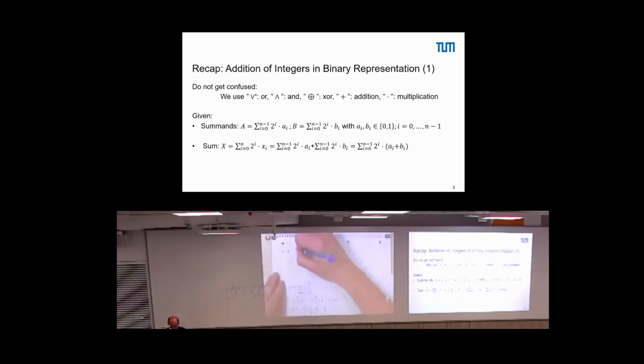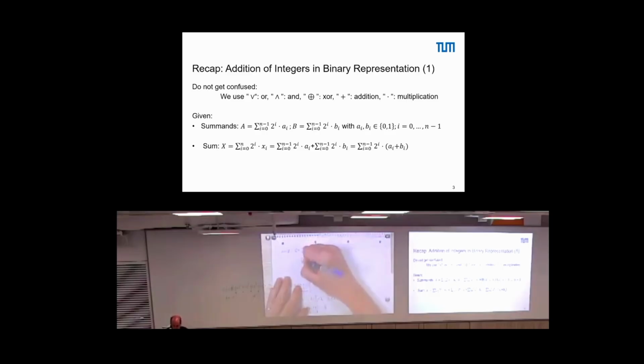We have C equals, and then we now have left the sum from I equals 1 to n minus 1 of 2 to the power of I, AI plus BI. That's actually what we have here, just starting from 1 instead of from 0, plus 2 times C0 plus S0 for the bit 0, right? Now, I put out the term for 2 to the power of 1. For all others it will be the same, so it's sufficient to do it once.